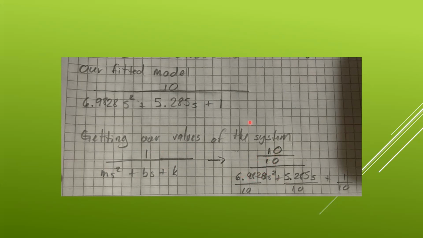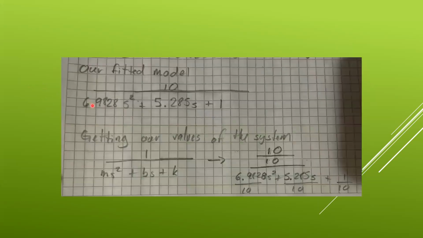So we divide everything by 10 and we get our values. Our mass will be 0.6828. The value of the damp system will be 0.5285. And the value of our spring, K, will be equal to 0.1.